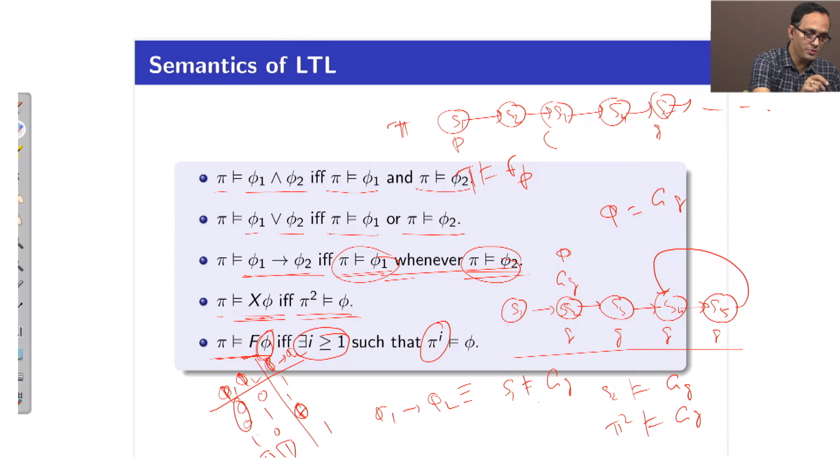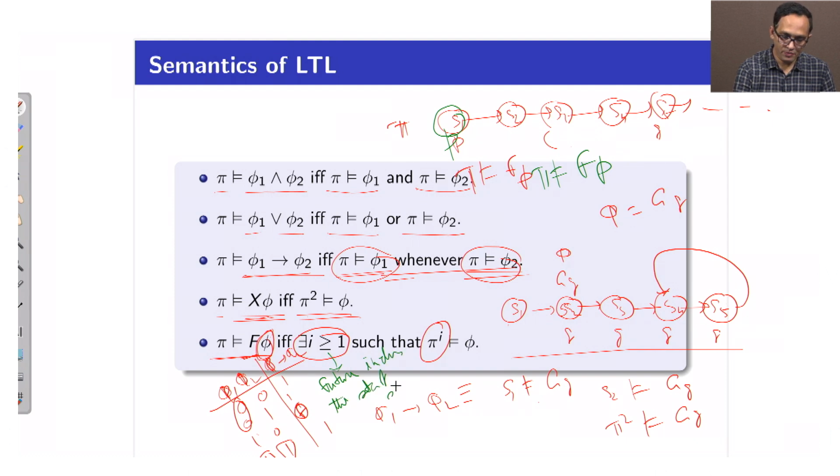So future includes the current state: if p holds here, pi satisfies future p, because S1 satisfies p. People might get confused that future means not the start state, but it includes the current state as well.